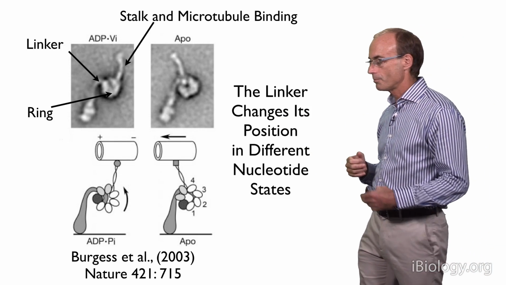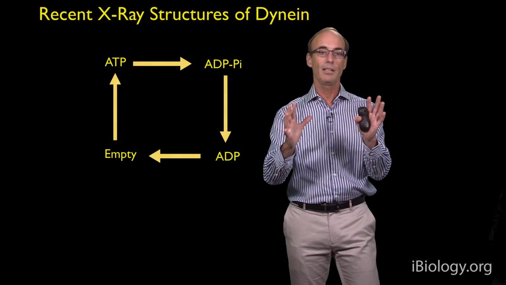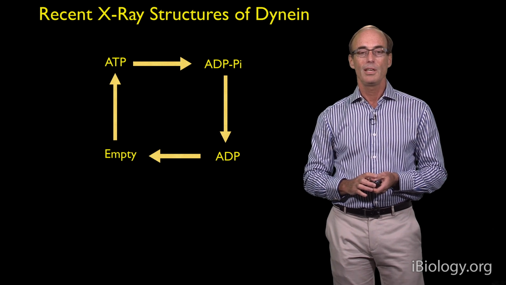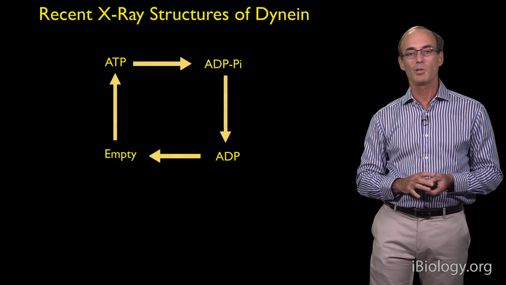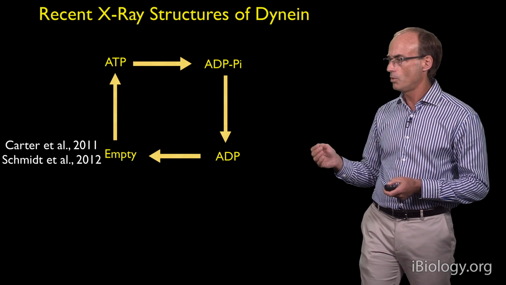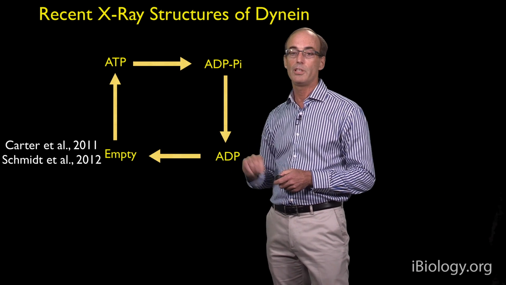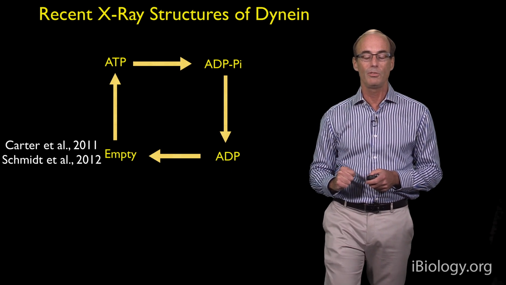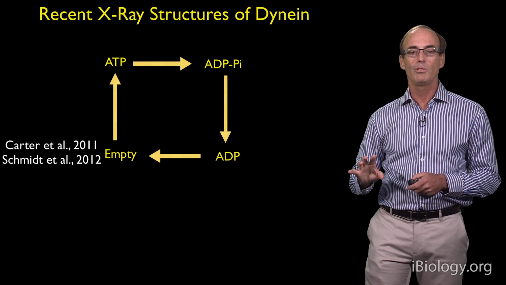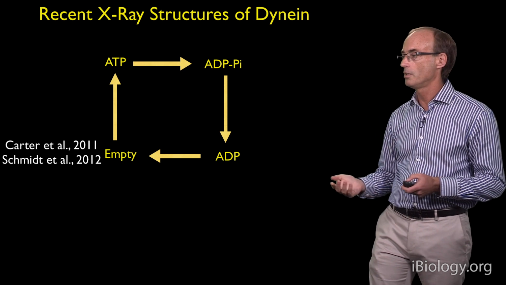So of course, we had to get higher resolution information of dynein, and that had to be derived from X-ray crystallography. And it was quite a struggle to get an X-ray crystal structure of dynein. And in fact, our lab was able to get the first crystal structure of dynein in a nucleotide-free state in 2011. But shortly thereafter, a whole bunch of other nucleotide conformations of dynein were reported.